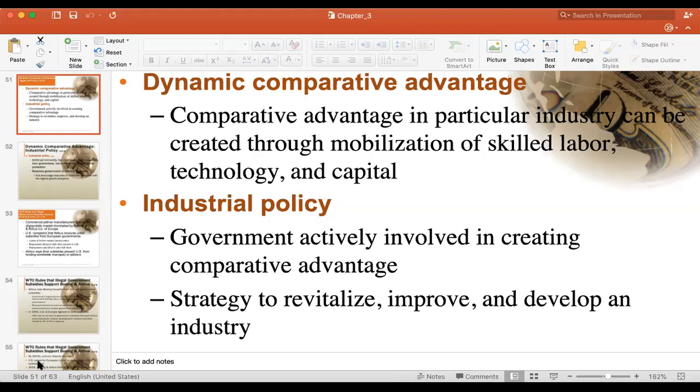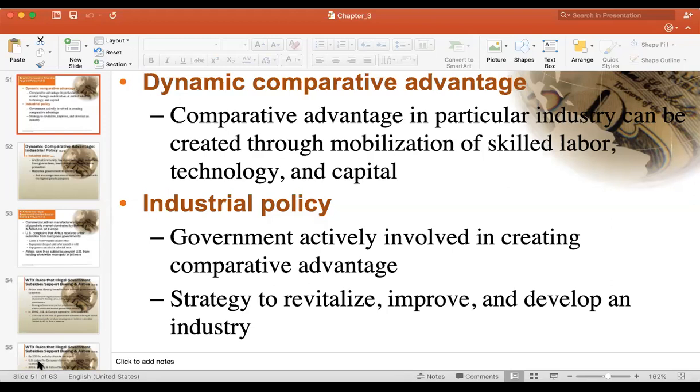You see that in the 60s and 70s, other countries in Asia, particularly East Asia, such as South Korea, Taiwan, Singapore, Malaysia, etc. All those countries pursued exactly the same strategy that Japan was pursuing before.